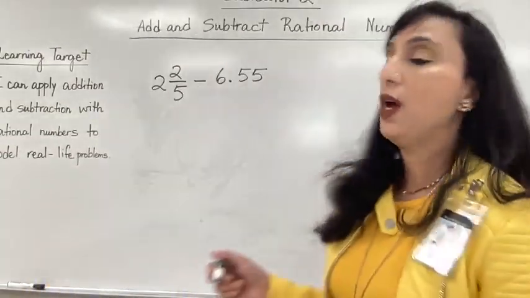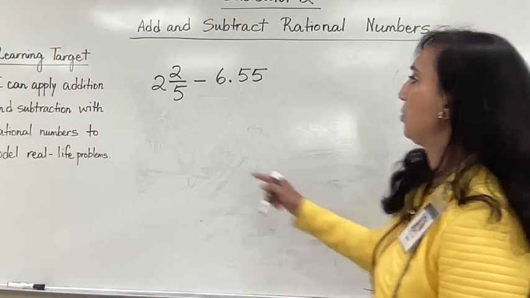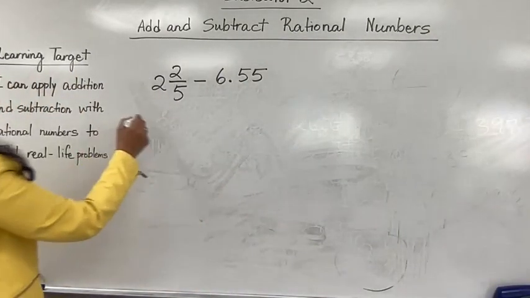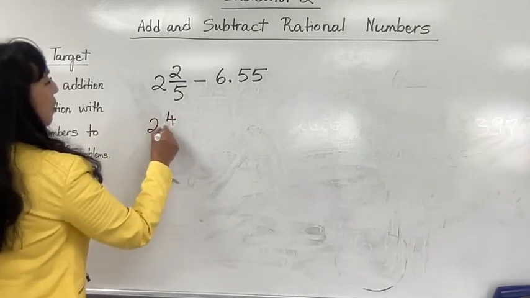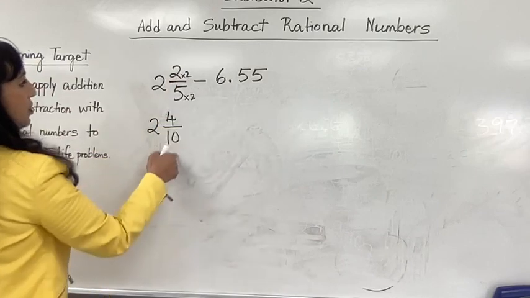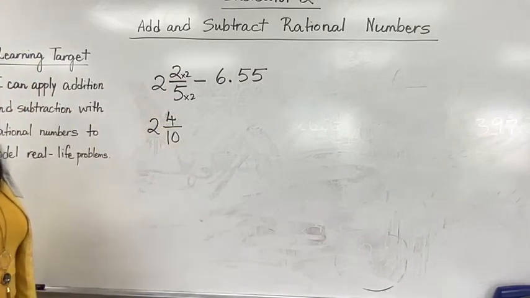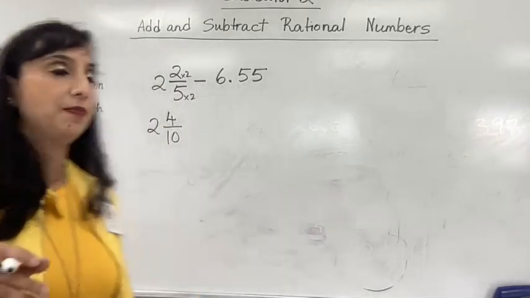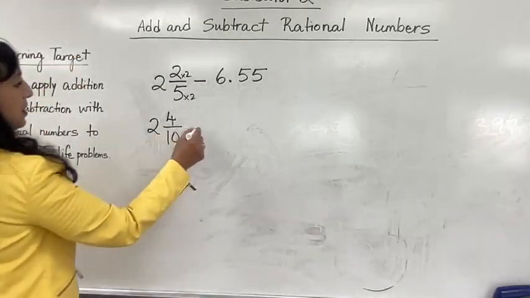If I look at 2 and 2/5, this is nothing but 2 and 4/10, because I did what? Times 2 times 2. That gave me 2 and 4/10. Because as we know, decimals go in that tenth place value format, so it becomes easy.